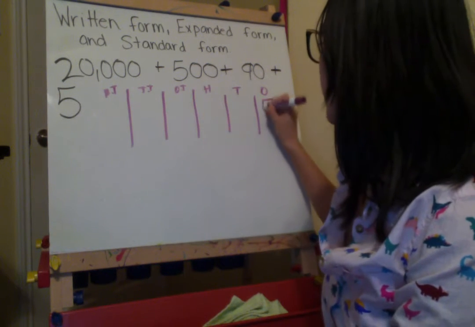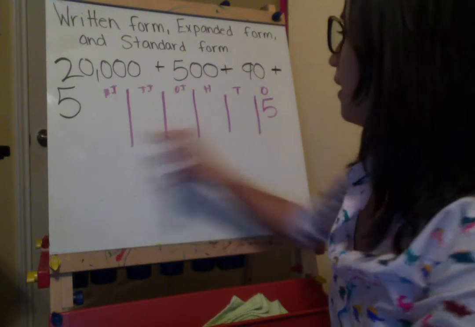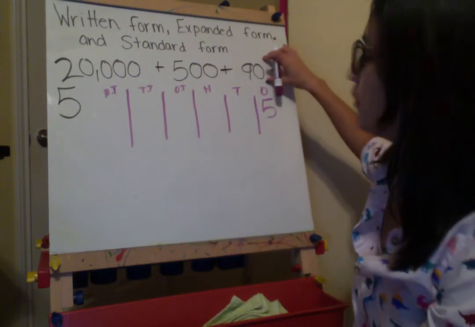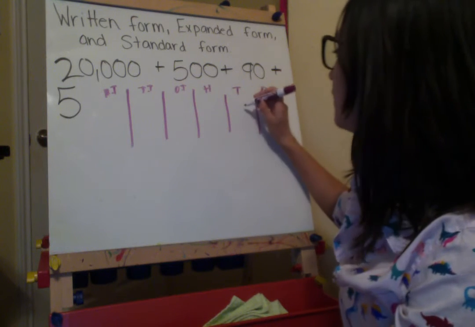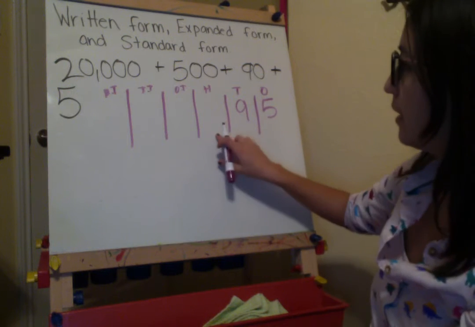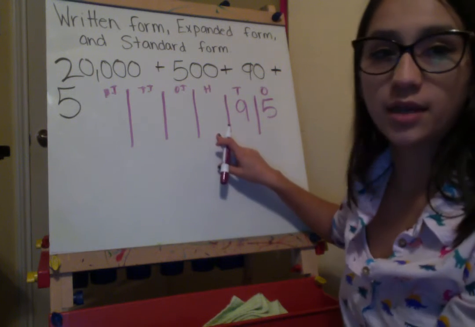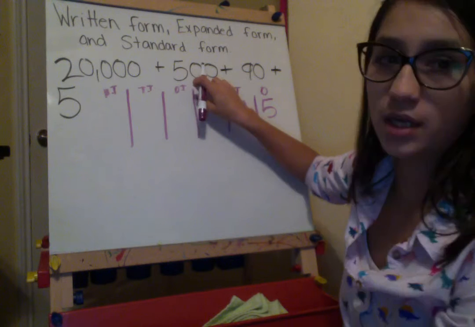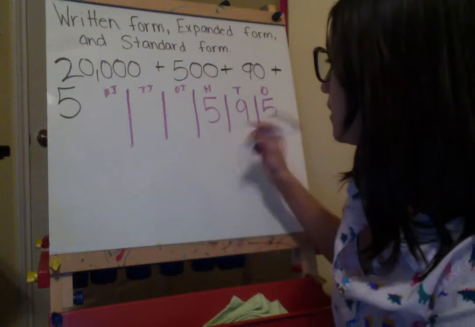So right here, I'm going to put my 5. And then in the tens place, we do have the value of 90, which means I have 9 sets of tens. Then let's jump over here to the hundreds spot. In the hundreds spot, I have 500. So I have 5 sets of hundreds.